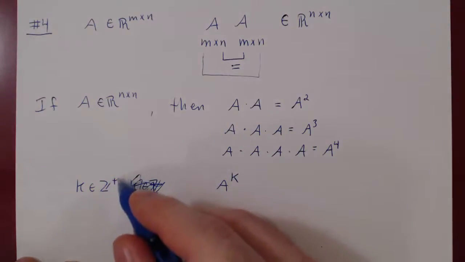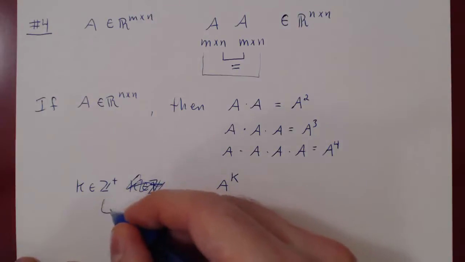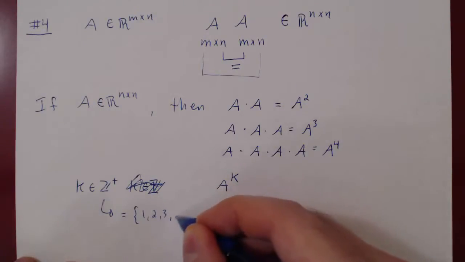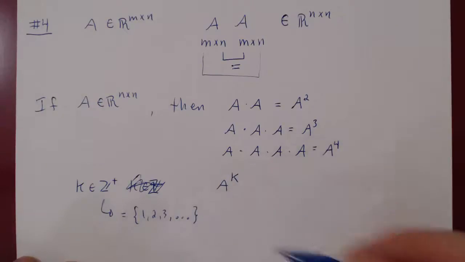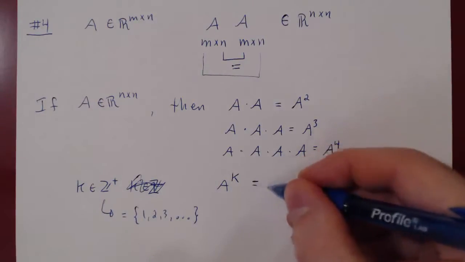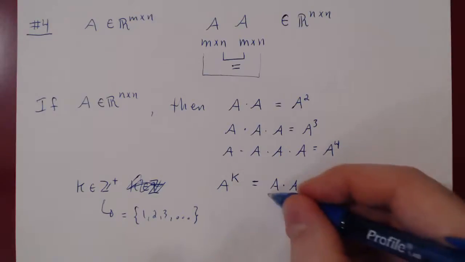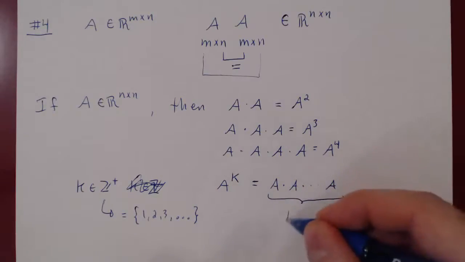Z plus denotes the positive integers. If you prefer, that's equal to the set 1, 2, 3, and so on, only positive integers. Then A to the K is simply A times A times A, exactly K times.